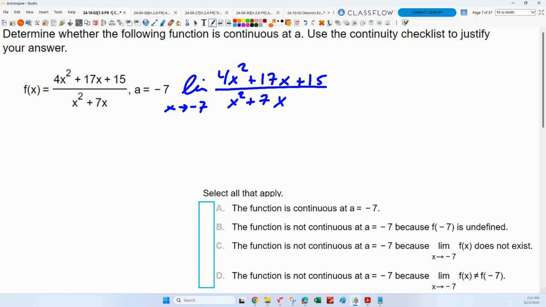If we plug this in, we're going to get 4 times 49, what is that? 196, right? Plus 15. Are we going to get 0 over 0? Yeah, we do. We get 196 plus 15, so we're getting 211.